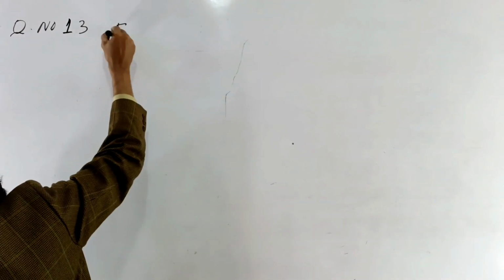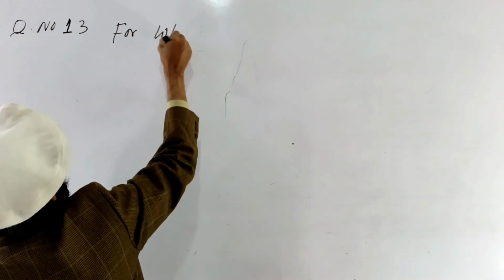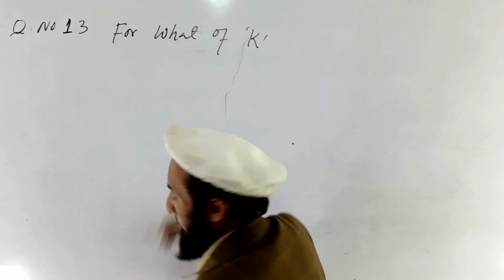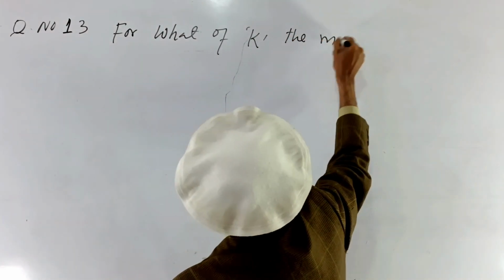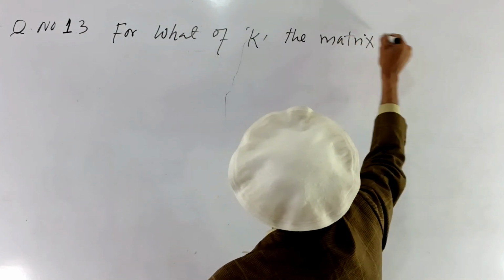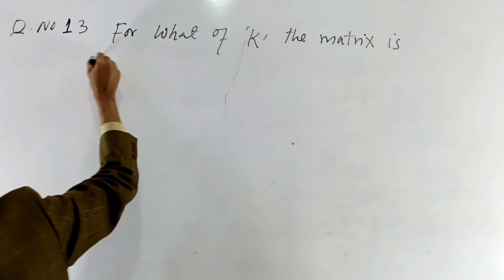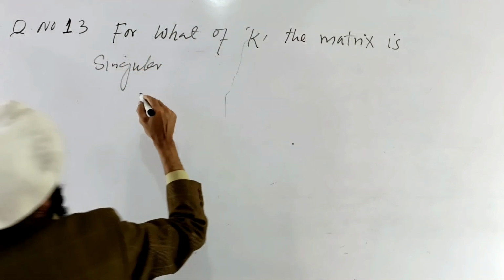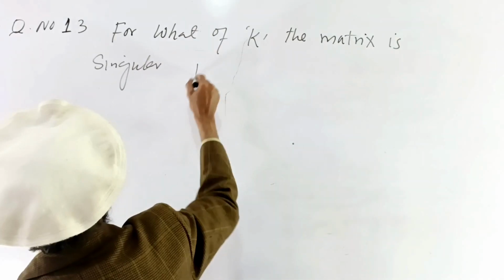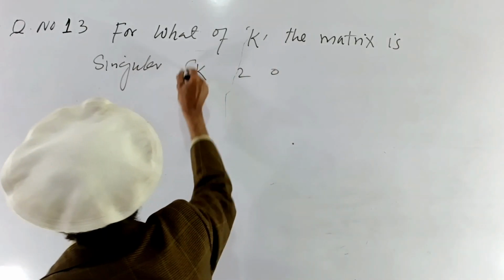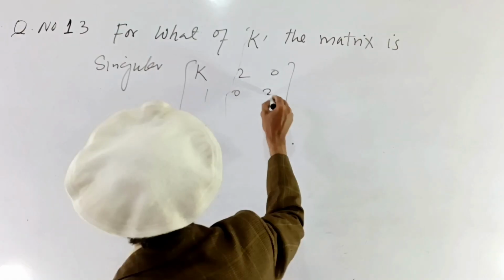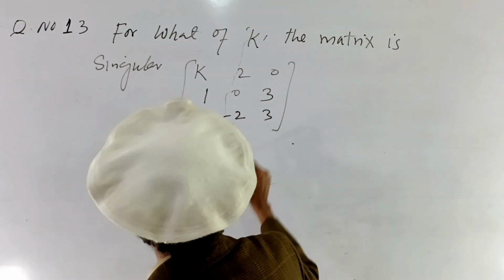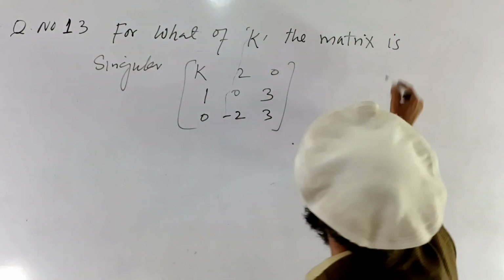For what value of K is the matrix K 2 0, 1 0 3, 0 minus 2 3 singular?